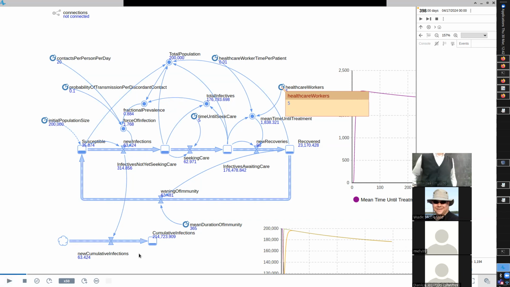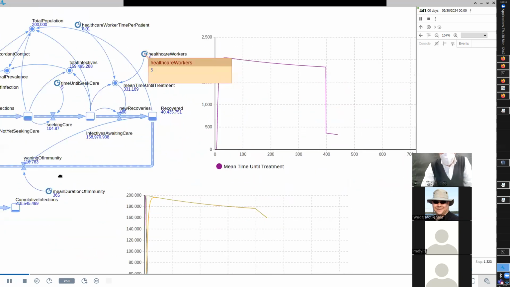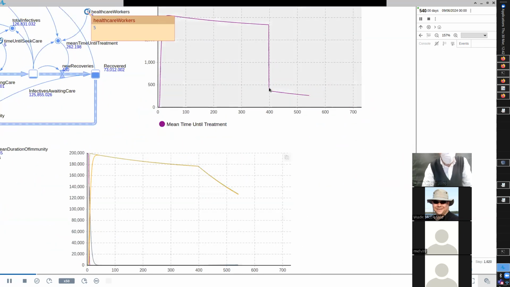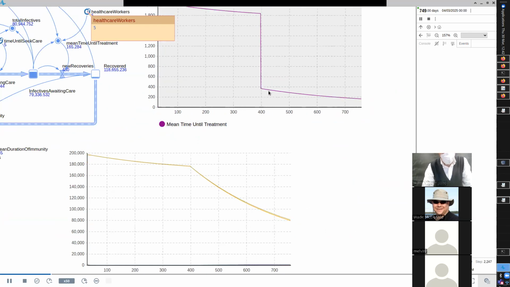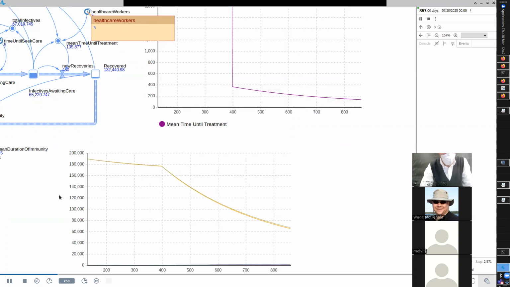How do you think that will affect things if we have 5 healthcare workers? Yes, fine. Okay, so we'll have a drop in the number of infections and, relatedly, a drop in the amount of time they're waiting.